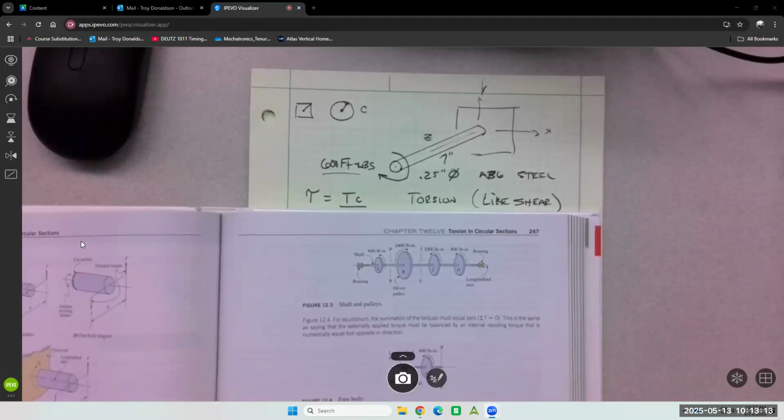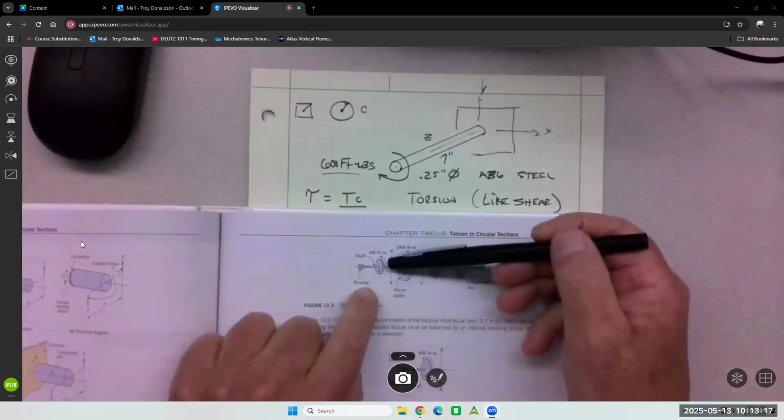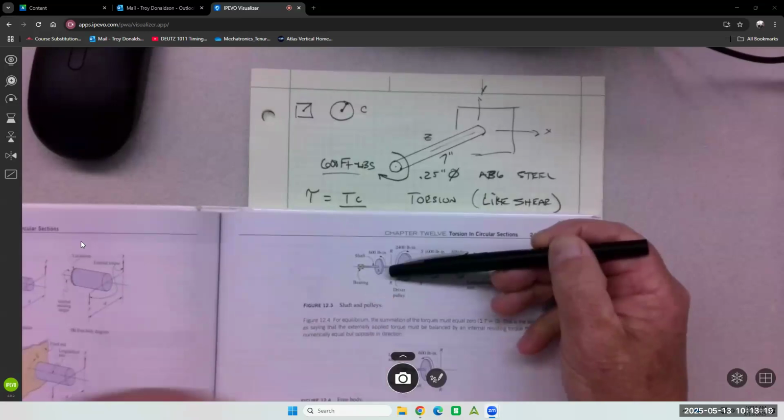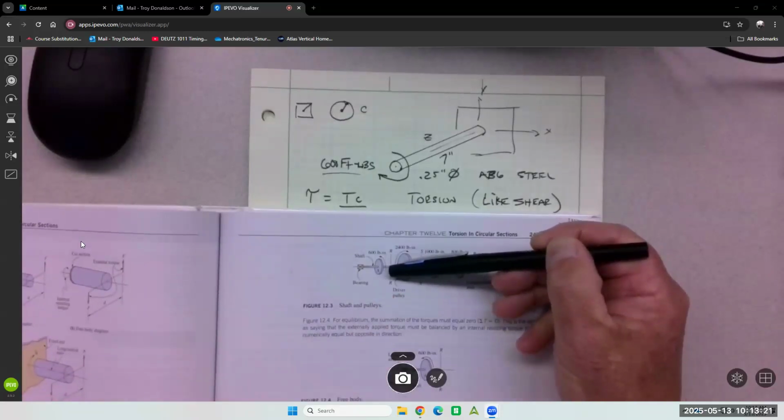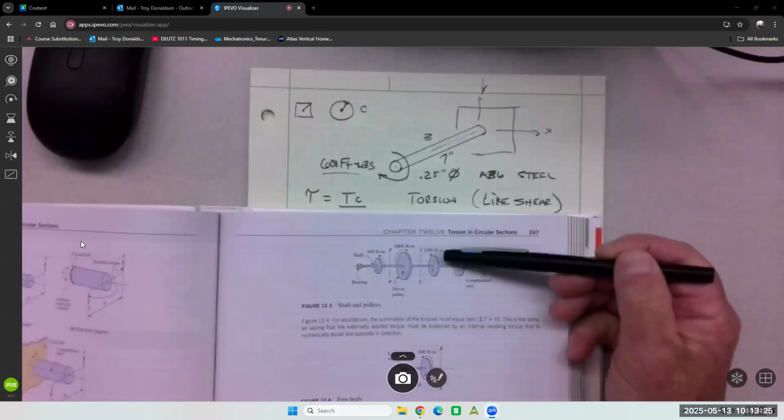We just have to know what the torque is in the section we're analyzing. So we'd have to know the torque here, and then maybe here.